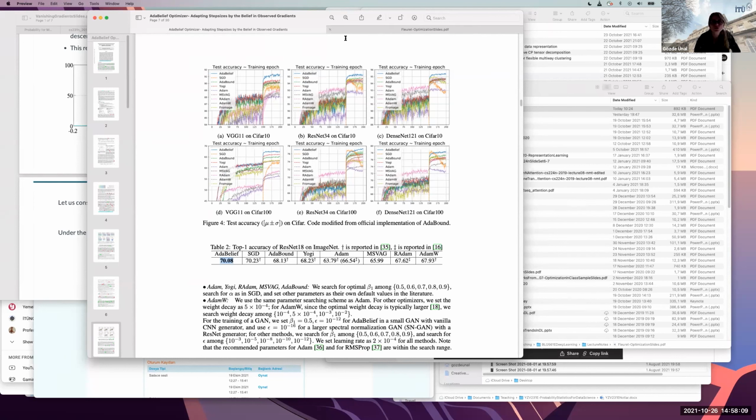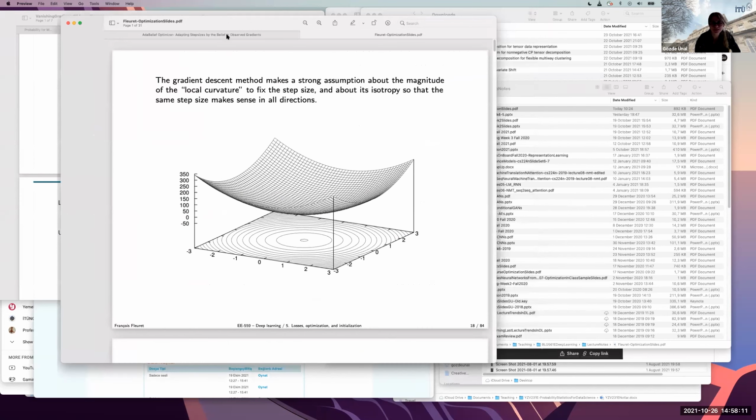So guys, also here are some nice slides. These are from François Fleuret at EPFL. This is the course you guys can see if you want. I like these visualizations, that's why I wanted to get them.